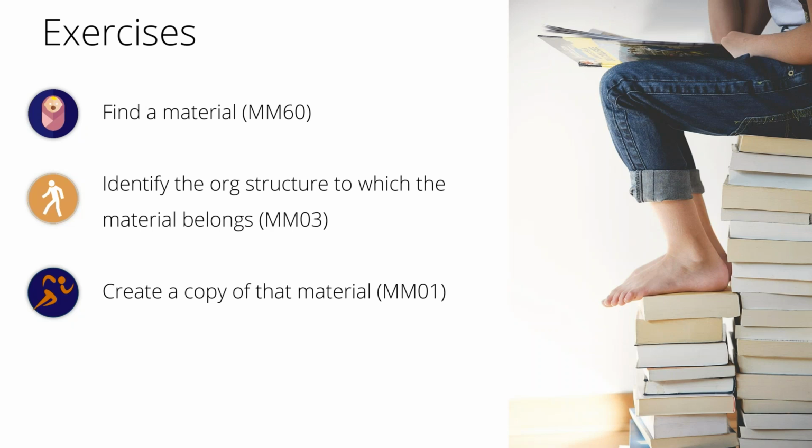One for the MM module, which in this case, a very easy exercise would be use MM60 to find yourself a material. From there, if you feel adventurous, go into that material master using MM03 and figure out what org structure that material belongs to, what plant, what sales org, maybe even MRP areas or storage locations. That would be a middle of the ground exercise you could do.